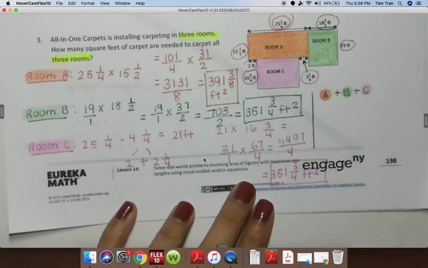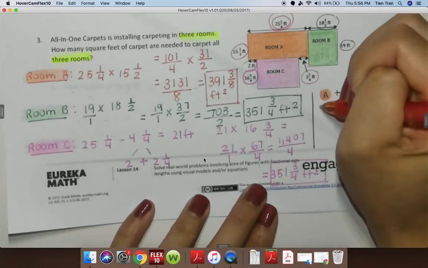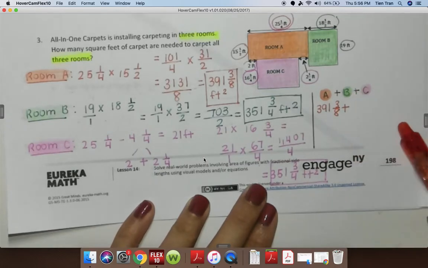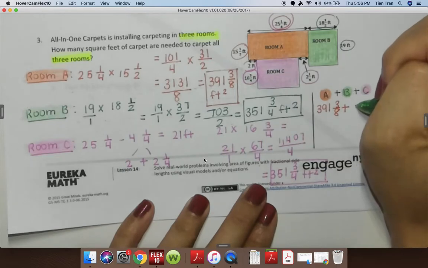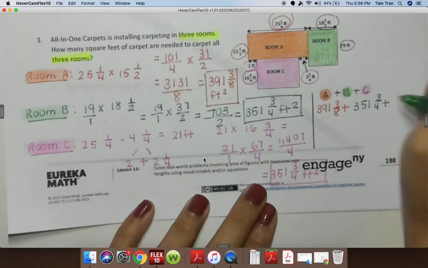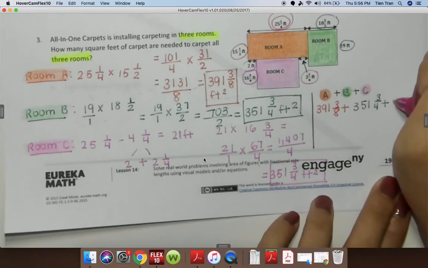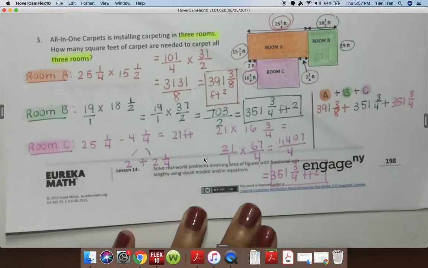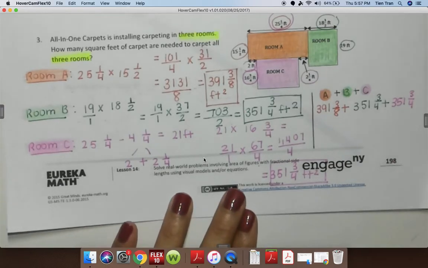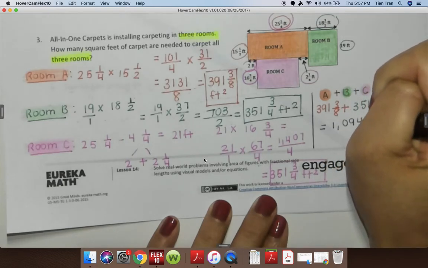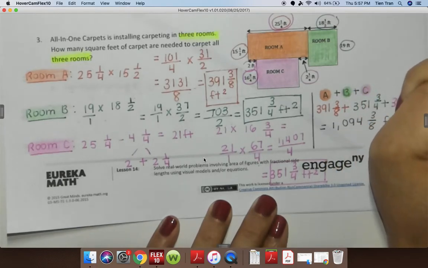So I'm going to write 391 and 3/8 plus 351 and 3/4 plus 351 and 3/4. Okay? And when I add all of those numbers together, I'm going to get my final answer of 1,094 and 3/8 feet squared.